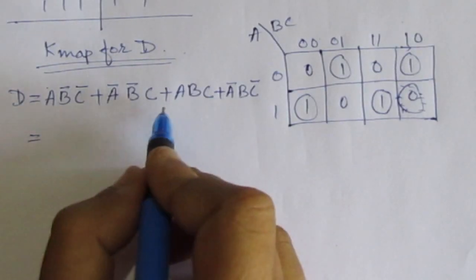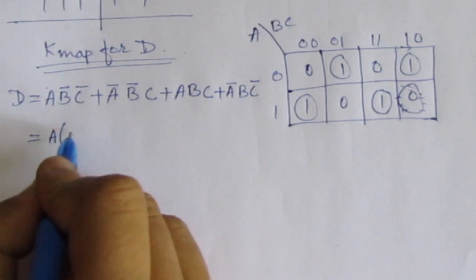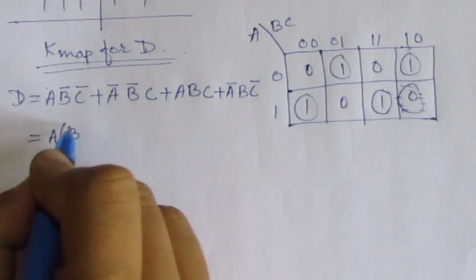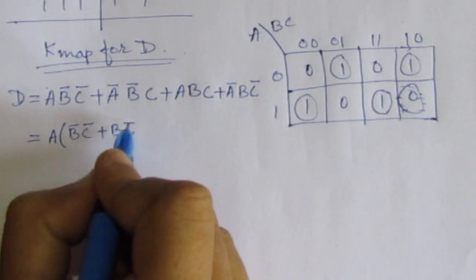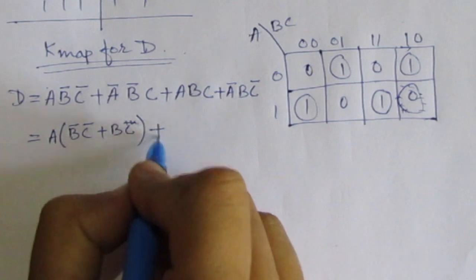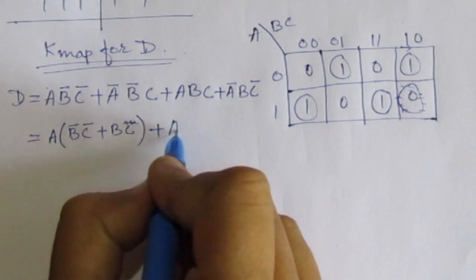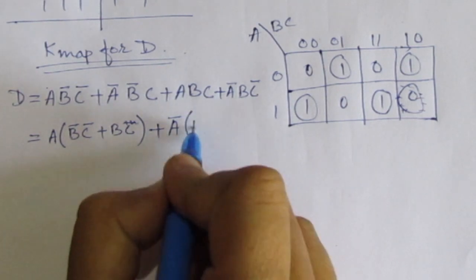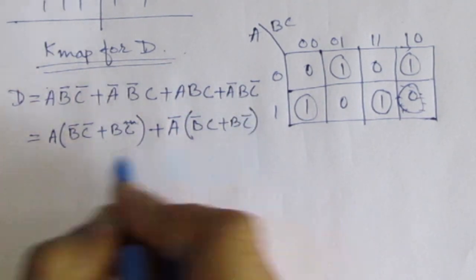From the first and third terms, if we take A common, then we have B bar C bar plus BC. From the second and fourth terms, taking A bar common, we have B bar C plus BC bar.